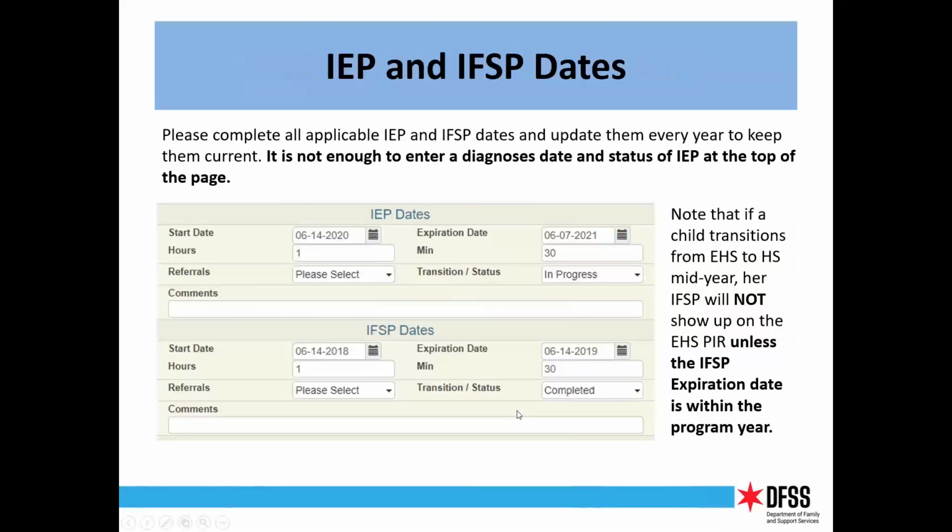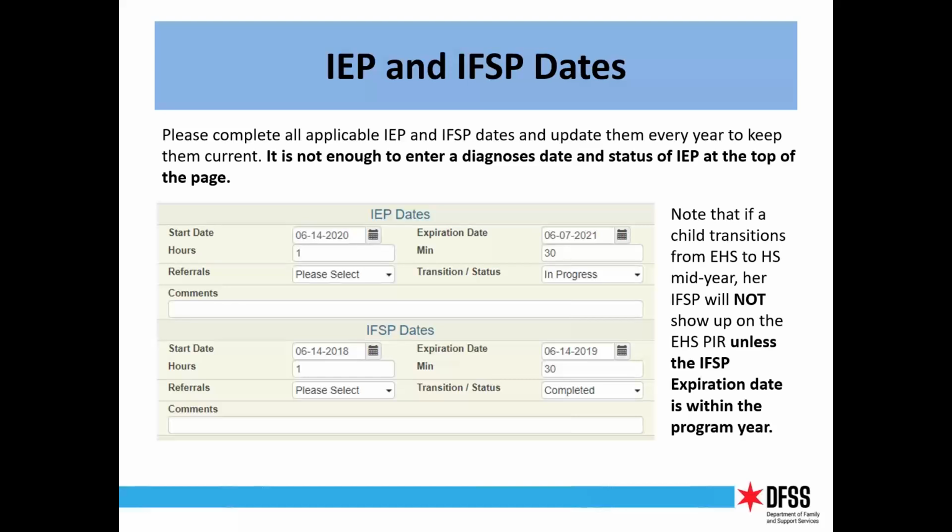Okay, so IEP and IFSP dates, we do need these to be populated. You notice at the top there is a diagnosis date and then a line where you say that you have an IEP, but we still need you to scroll down the rest of the screen and put in the IEP and IFSP dates.